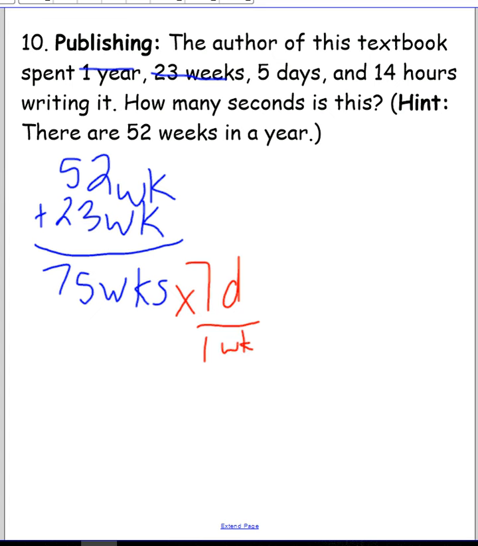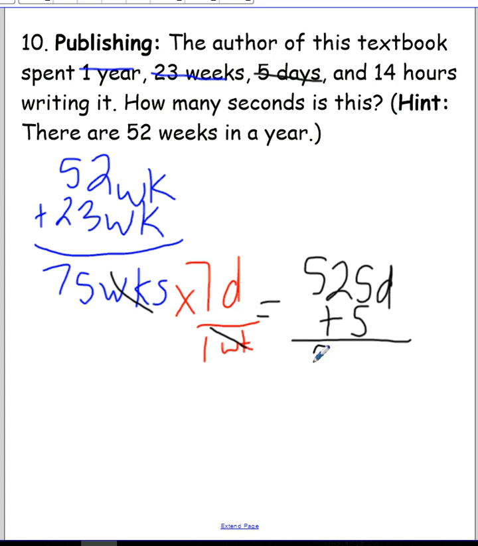So I'm getting rid of weeks and keeping days. So we have to do 75 times 7, which is 525 days. But now we have to add 5 days more to that from our list. So now we're up to 530 days.